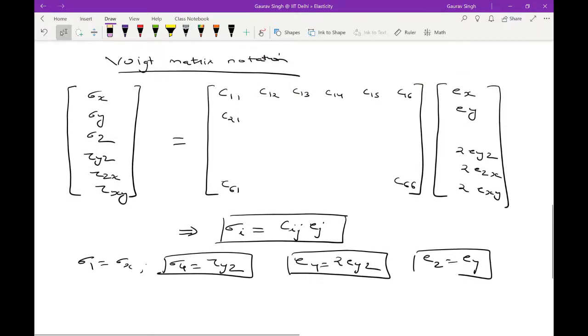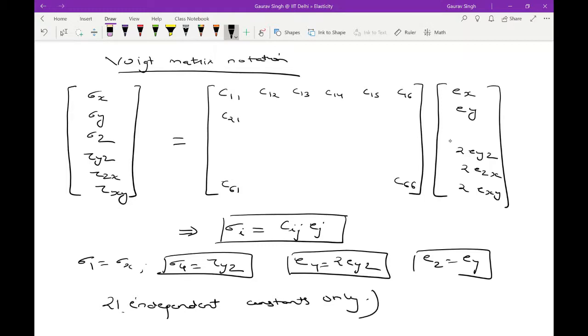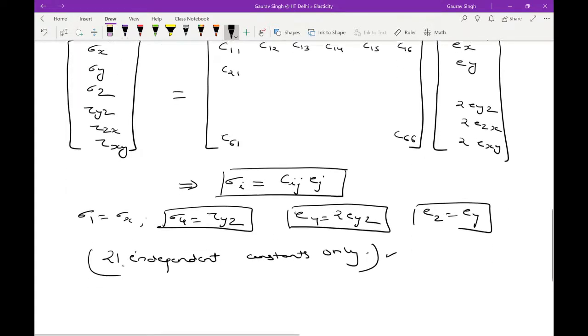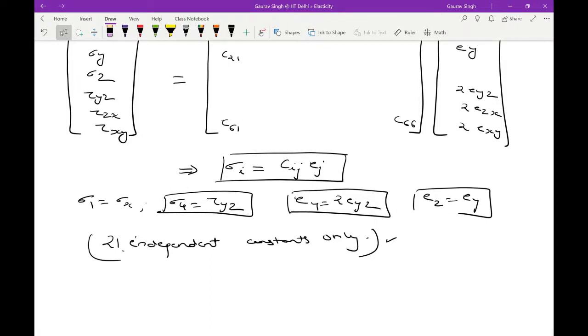So in reality, as I've said, 21 independent constants only. Okay, because when you include the existence of the strain energy concept, we have seen that proof. If there is any doubt, please don't hesitate to go back and check.